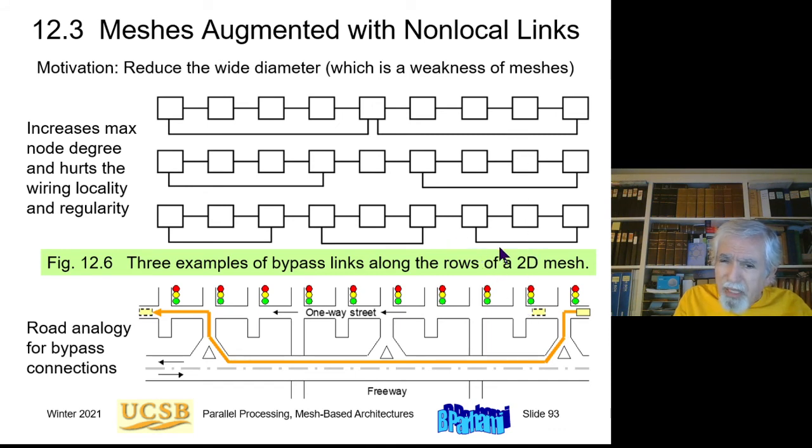So I can arrange these bypass links so that they add maybe 1 link to each node. Say 1 link added to this node because of this bypass, 1 link added to this node, and then this one uses bypass in the column direction. So I can make them regular, but still the problem of layout and these long wires is a problem.